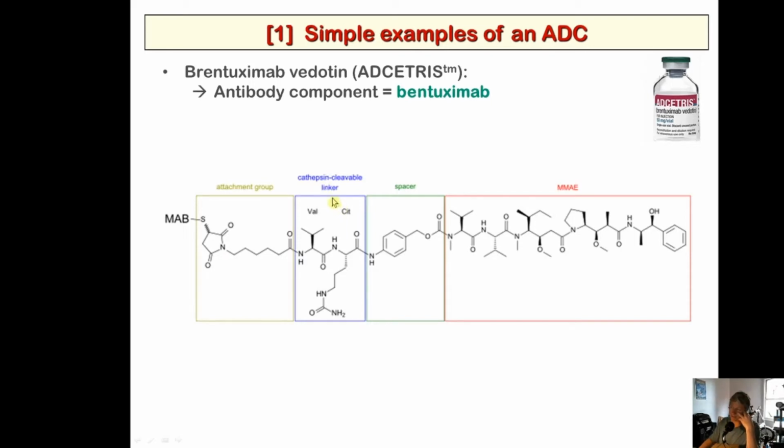And so it'll get into the cell, and then this will be cleaved off, and the spacer unit can also destroy itself, and this will leave you with what we call the warhead. In this case, the warhead is MMAE, which is one of several warheads being used.